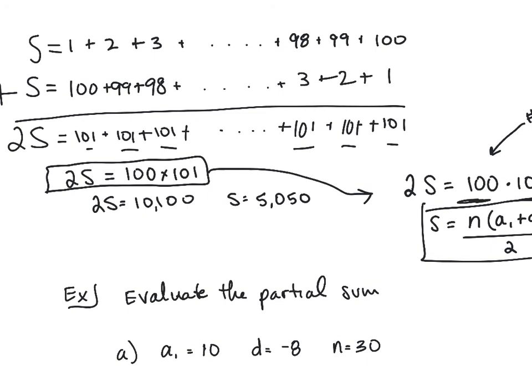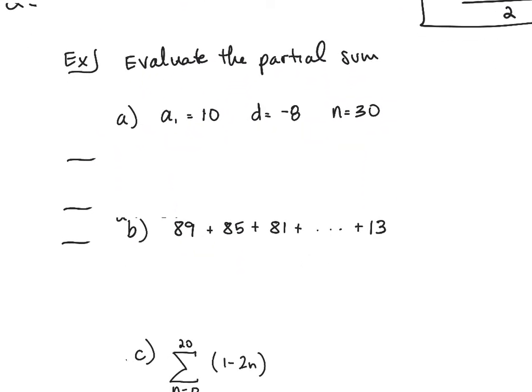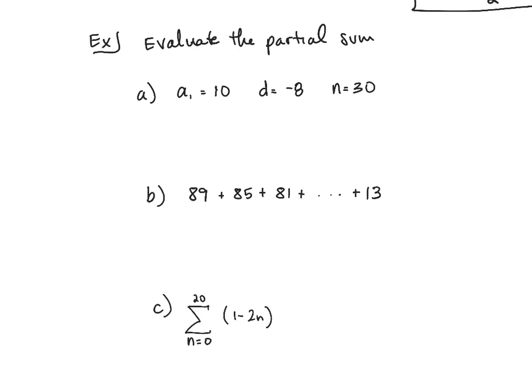So what we need to do then is practice using this partial sum of an arithmetic sequence formula, because this is the next part of your homework. I've got 3 different examples here of how you're going to evaluate a partial sum. It may be written in sigma notation, like part C here.